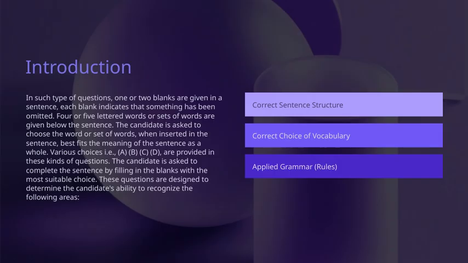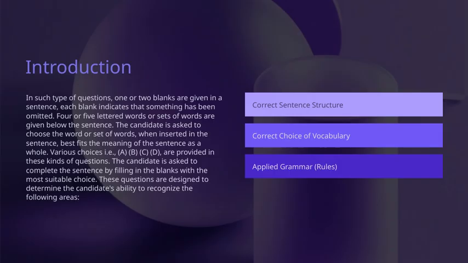First, they test your understanding of correct sentence structure, ensuring the sentence is clear and coherent. Second, they evaluate your vocabulary, choosing words that fit the context appropriately. And third, they check your applied grammar, using rules of grammar accurately to form correct sentences.